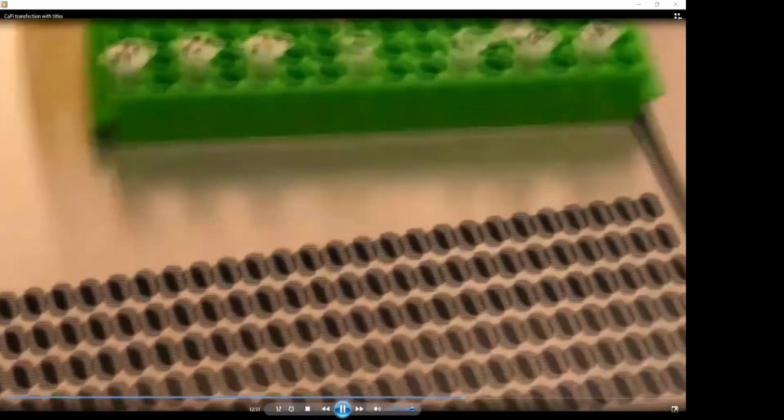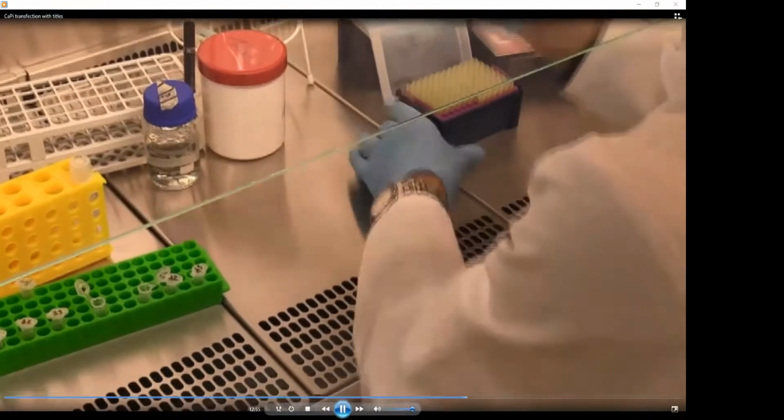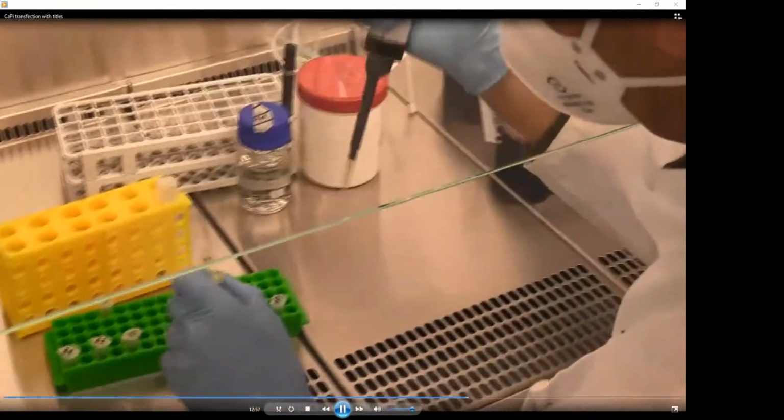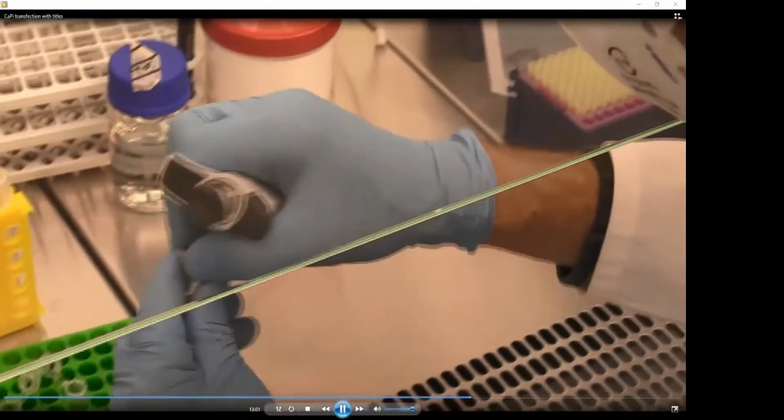The idea is only not to forget that what we have to do in the next following step is to add our DNA calcium chloride mixture to HBS buffered solution and not the other way around.